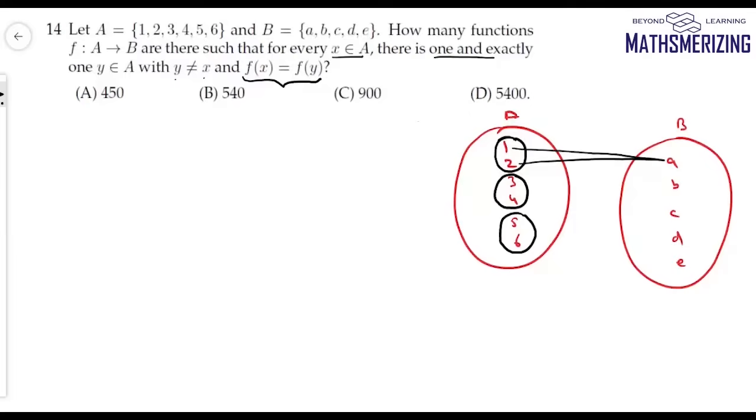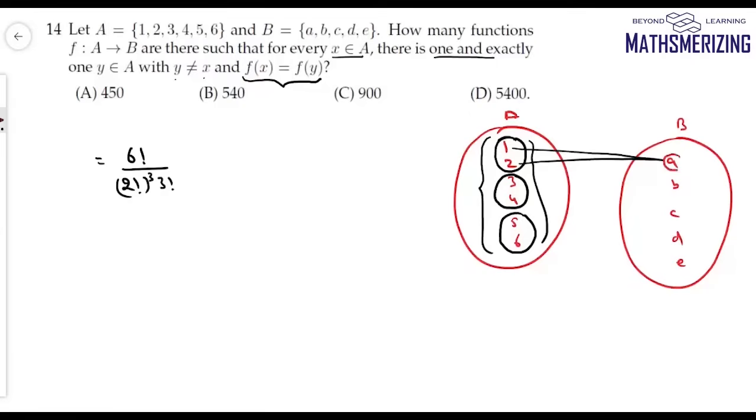So first, I need to distribute these 6 points into pairs of 2, 2 and 2. In how many ways can it be done? It can be done in factorial 6 upon factorial 2 whole cube upon factorial 3. Now we have distributed these 6 points into groups of 2, 2 and 2, and we need to find the images of these 3 groups.